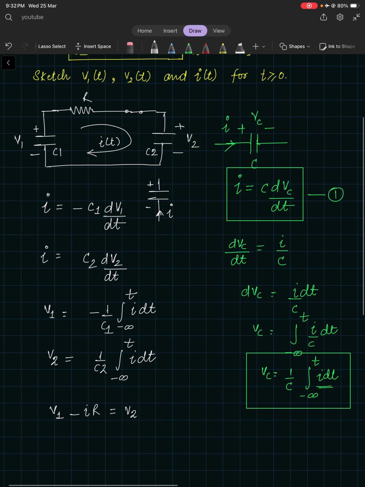I think I have written it correctly. This is plus V1, I'm going in the direction of I(t), so minus IR, there is a voltage drop, and again there is a voltage drop minus V2. Okay, fine.